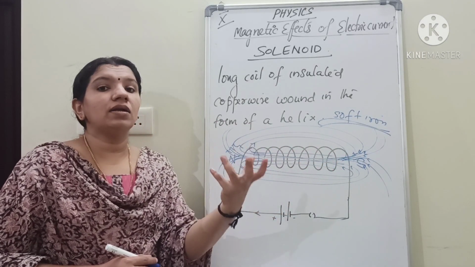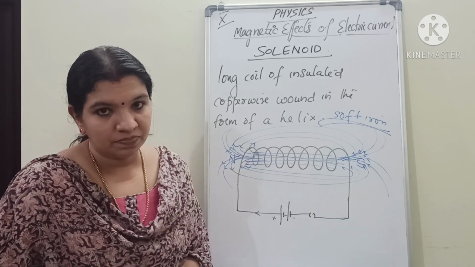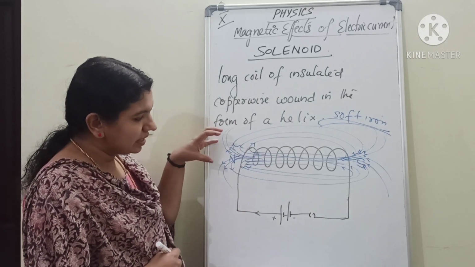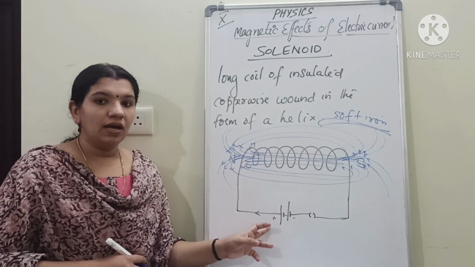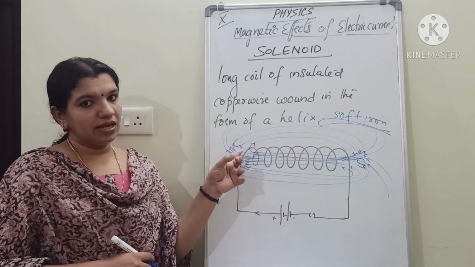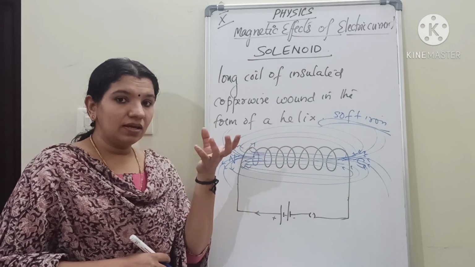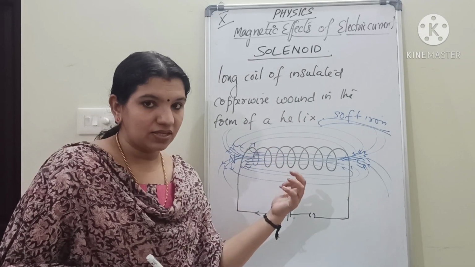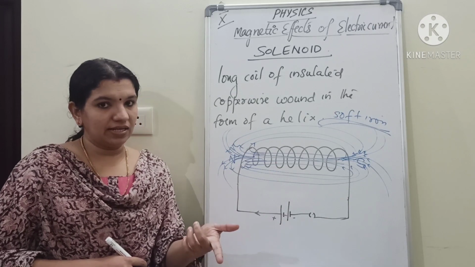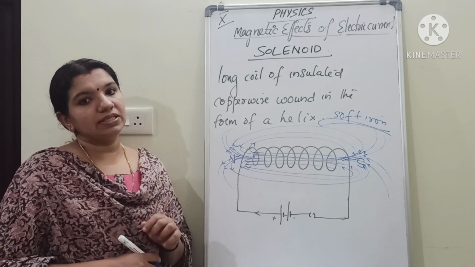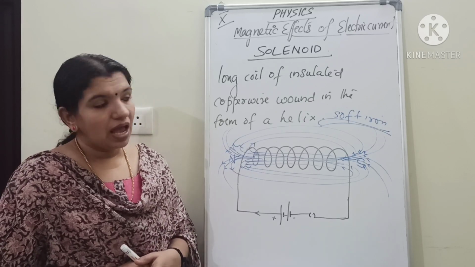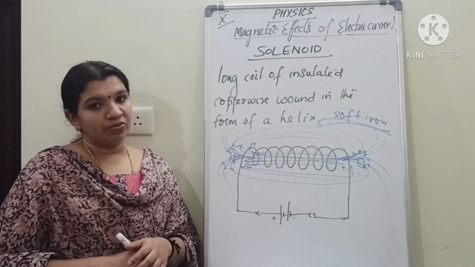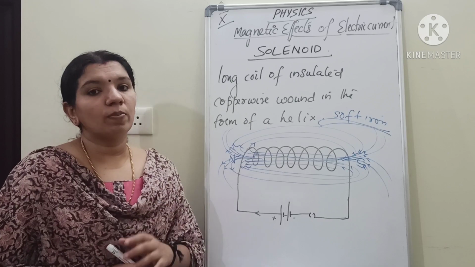The soft iron gets magnetized. With the help of current, it will behave like a magnet. If a material is placed inside the solenoid, it will also get magnetized, and a soft iron-like material will get easily magnetized. And such magnets are known as electromagnets.